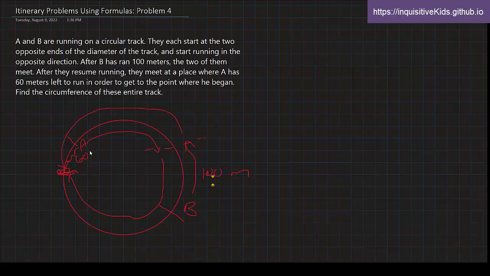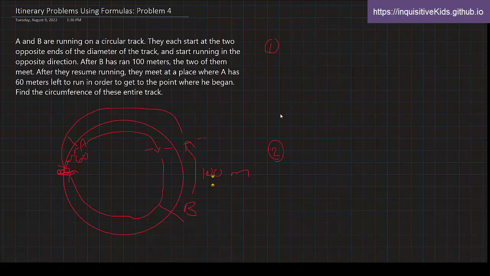So what is the circumference of this entire track? First, let's try to find how much they each ran and the total amount they ran after each of the two meetings.